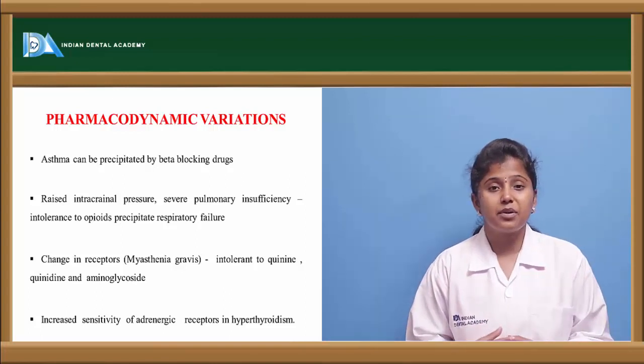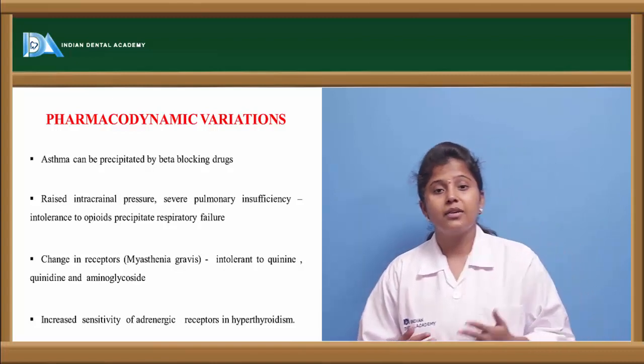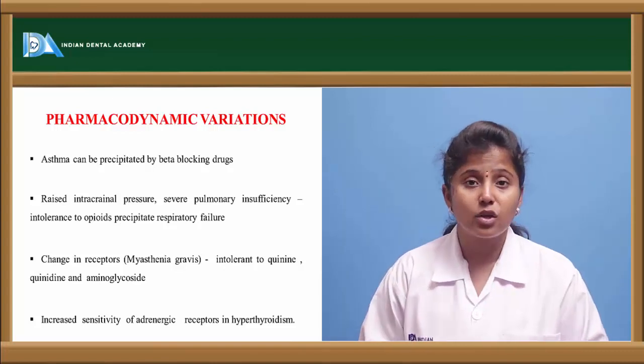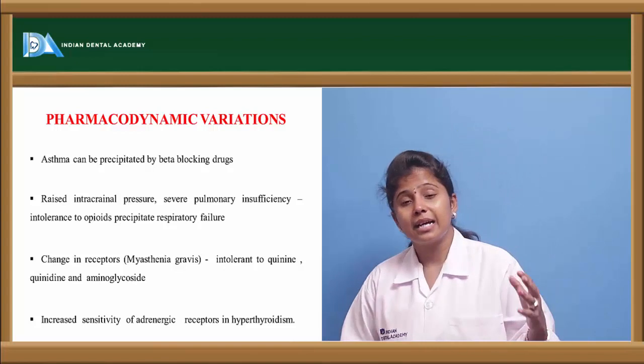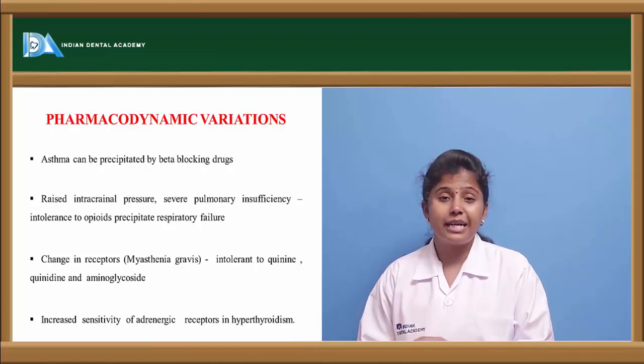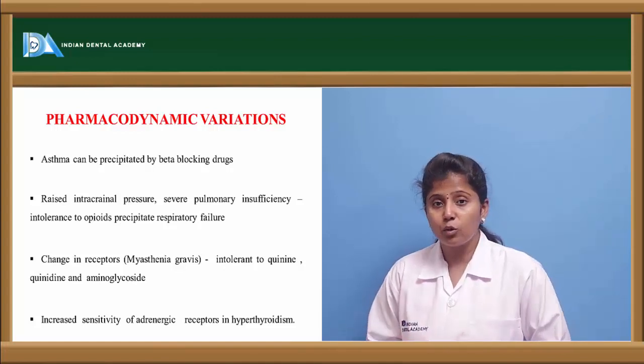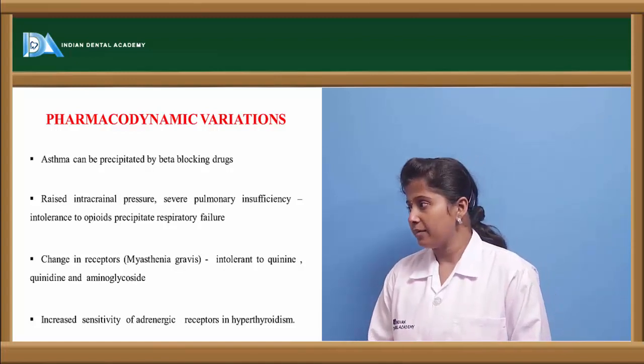In this condition, if we give adrenomimetic or sympathomimetic drugs, there is a greater affinity of adrenaline towards the adrenergic receptors, and that may lead to the synergistic effect again.